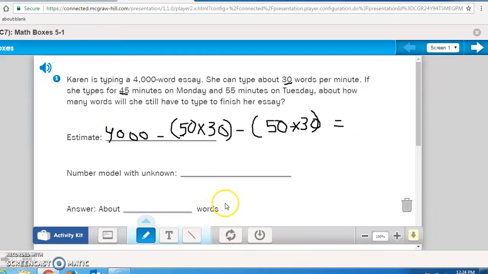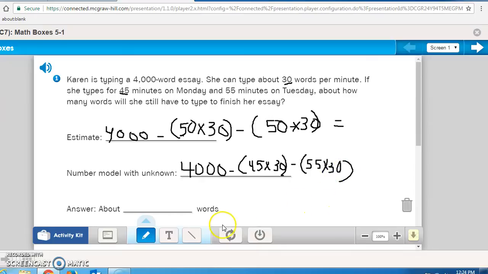My real number model would be 4,000, and now I'm using the real numbers, minus 45 times 30, because those are the numbers they gave me, minus the 55 times 30, again, those are the numbers that they gave me, to come up with my real answer, which is about how many words.